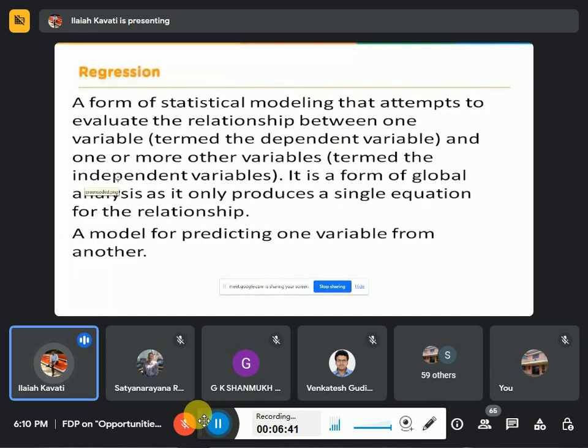Let me give a few simple examples. Suppose in a class, as a teacher, let's say a programming class or a mathematics class, we will explain suitable examples to the students so that they are able to learn the concepts. At the end, we give some assignment or conduct some tests.